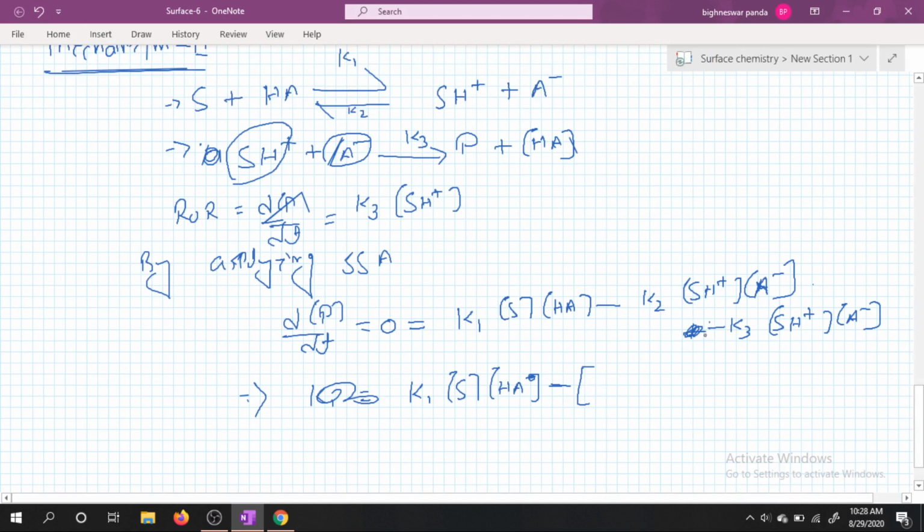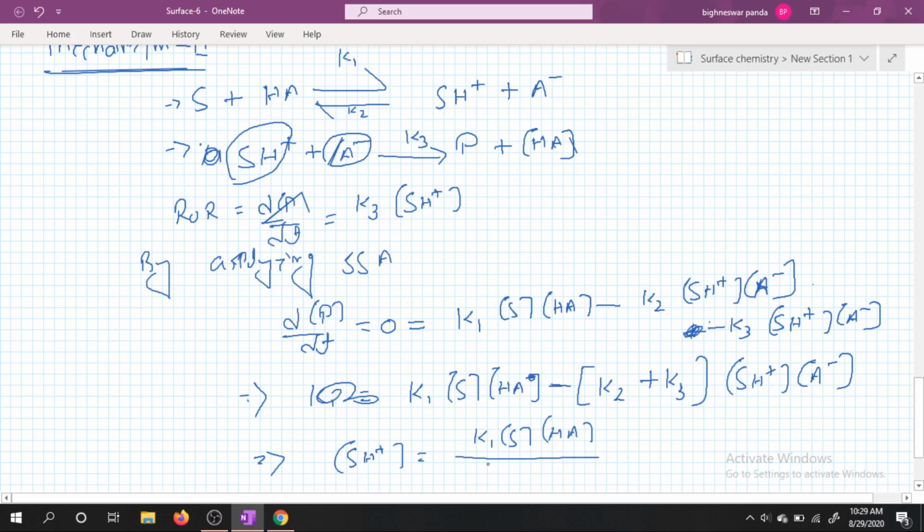So to calculate the concentration of SH plus, it will be equal to K1 S HA divided by A minus (K2 plus K3).